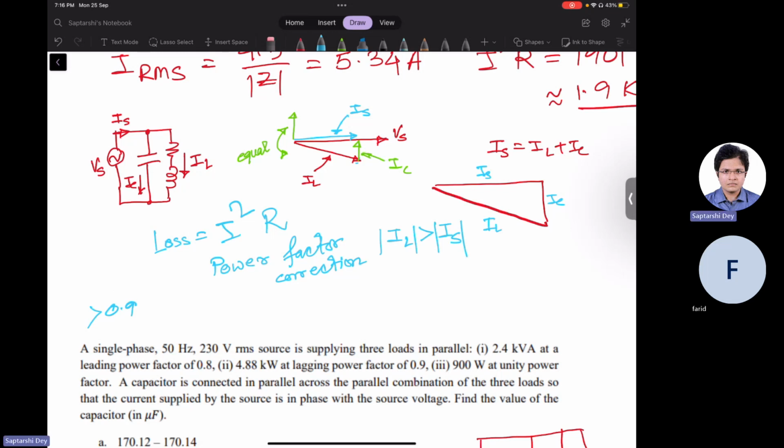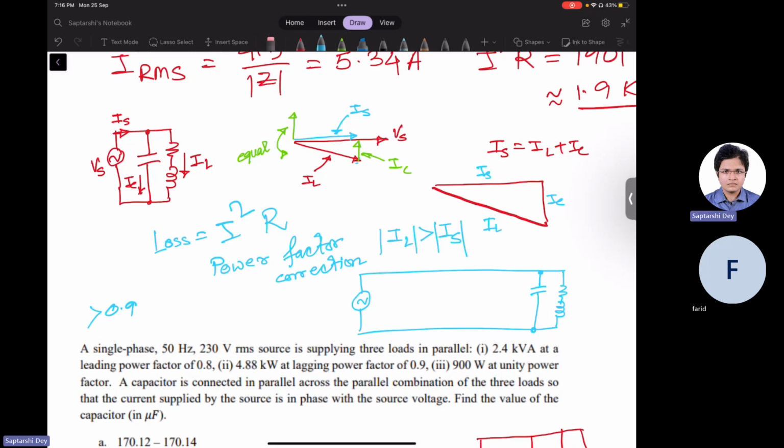How do they generate it? One way is to have a capacitor. Say the generator is somewhere far away, say 100 kilometers away. This is the transmission line, and here is the industry. It is the load of the industry, which is heavily reactive. What they would do in their premises, they will connect another capacitor.